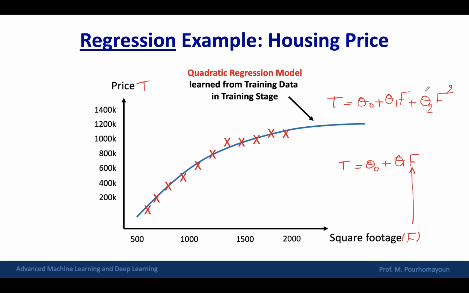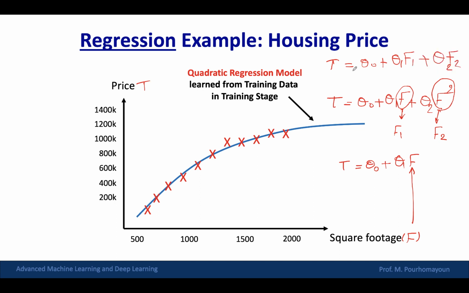But a smarter way to do it, which is easy, a kind of trick in machine learning that we always use, is to define this f squared as a new feature. So let me call this guy f1, and let me call this f squared a new feature called f2. Now your model will be something like that: theta 0 plus theta 1 f1 plus theta 2 f2.